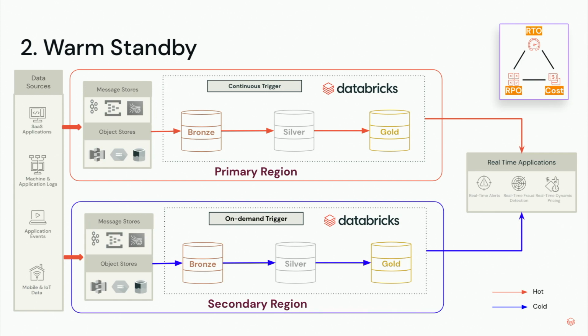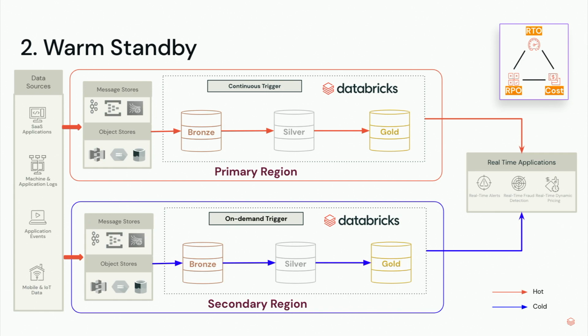The next one is the warm standby. The warm standby approach is active-passive. Here we are running continuously in the primary site, and the secondary site is executed on demand. In the primary site, we are running a structured streaming job in a continuous mode using micro-batches, whereas in the secondary site, we still source the data from the sources and keep it ready there.